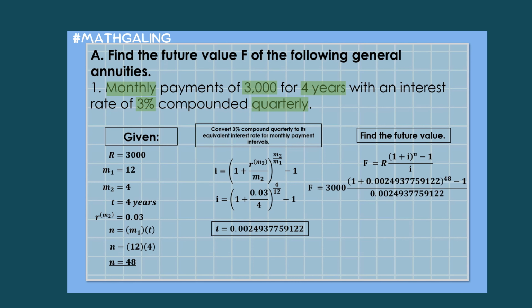Then it is now 3,000 times 1 plus 0.0024937759122 raised to the power of 48, minus 1, over 0.0024937759122. And the answer is 152,770.88.